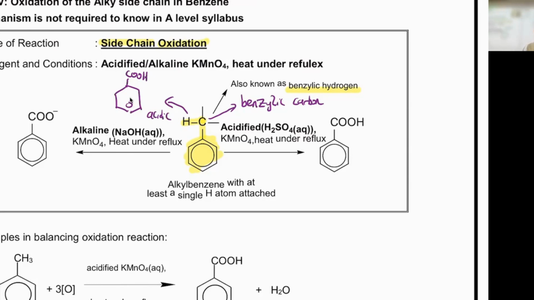Now, in the presence of alkaline, what will happen to the OH minus? Is it capable of neutralizing the acid? Oh, yes, of course. It can neutralize the acid. So you form COO minus. So this is not a simple one-step reaction. There are 2 steps.